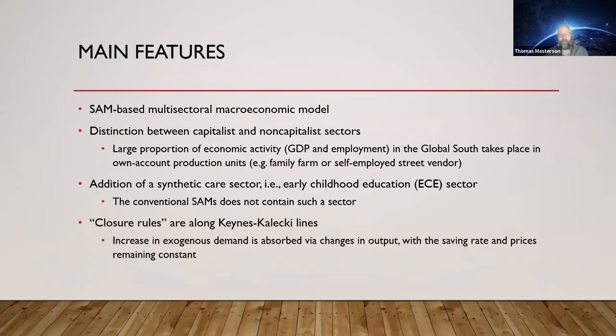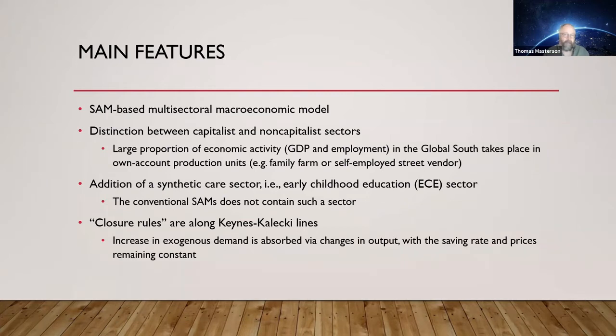Also, the closure rules, right? Martin talked about this a little bit yesterday morning. They're structuralist. So we have an increase in exogenous demand. It's absorbed via changes in output. The savings rate and prices remain constant. So unlike CGE models, we're not assuming full employment.